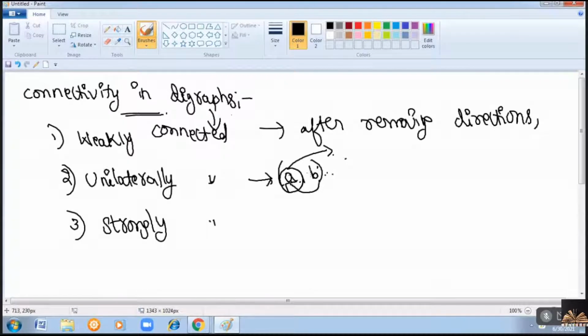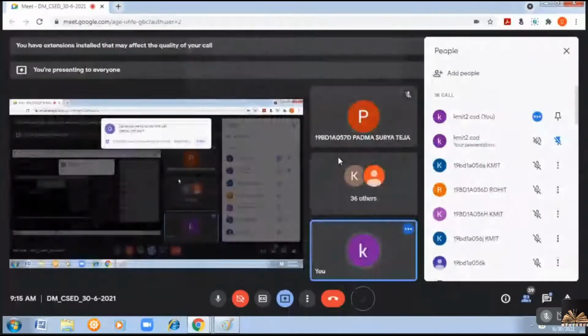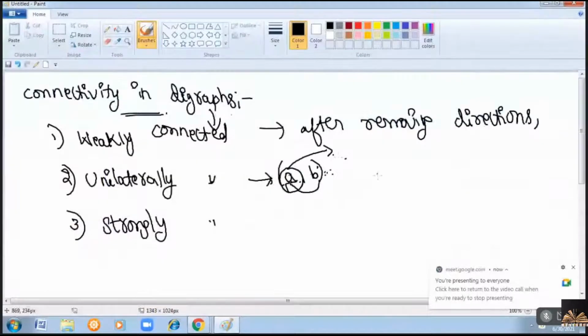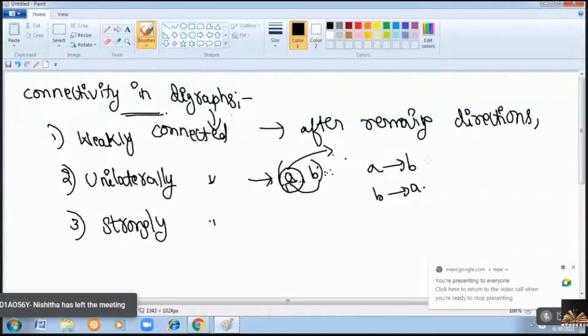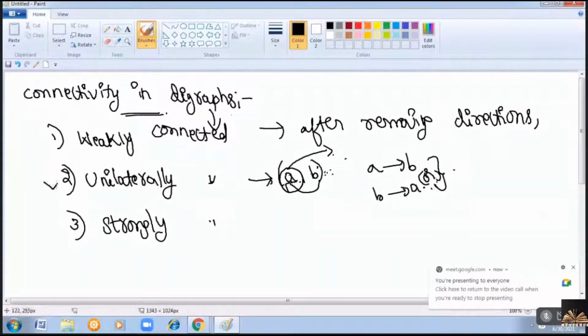That means if you have a pair A, B, then either A should be reachable from B or B should be reachable from A. Either one of these conditions should be satisfied. If any one of these conditions is satisfied, then we can say that it is unilaterally connected.